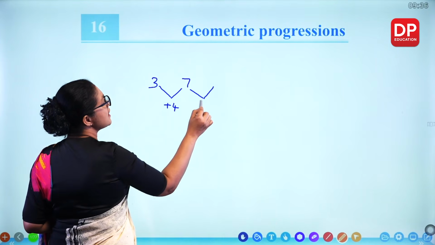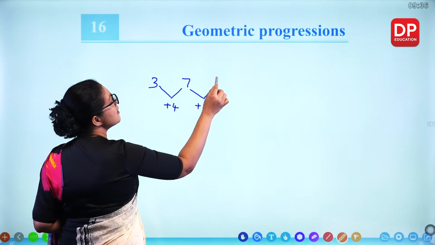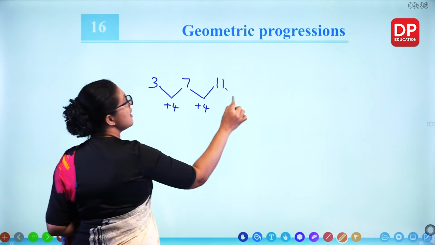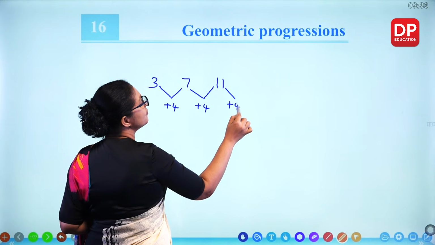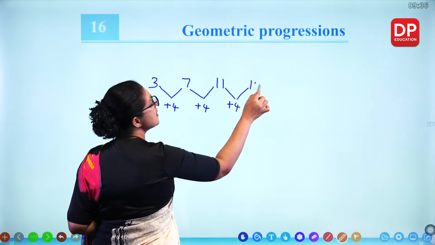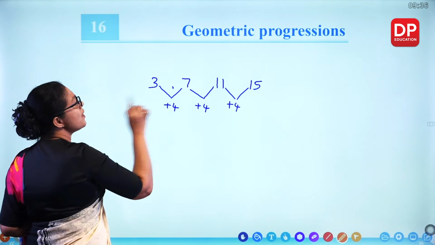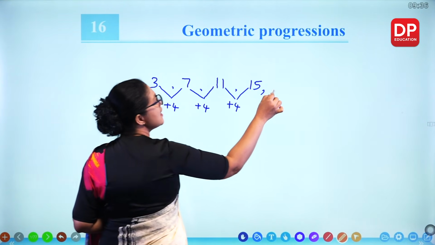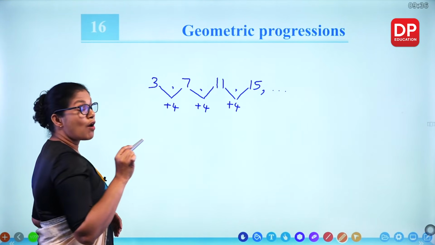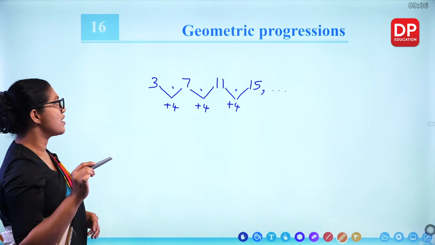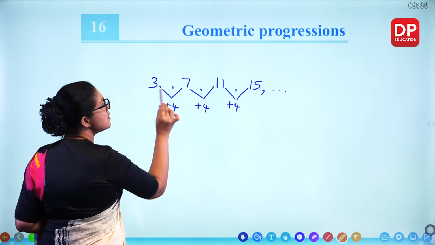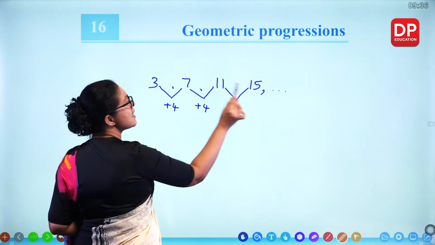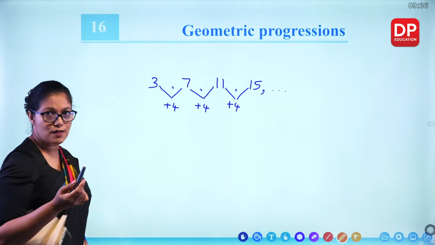Add 4 to that again, 11. 11 plus 4, 15. So here 3, 7, 11, 15 are the terms of an arithmetic progression. Why? The difference between two consecutive terms is plus 4.